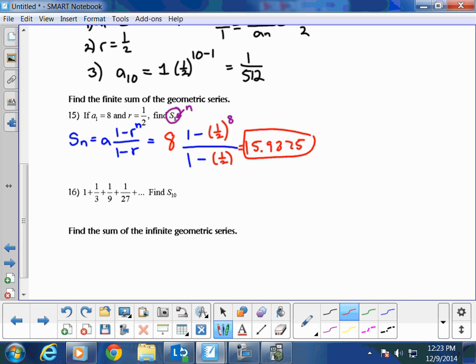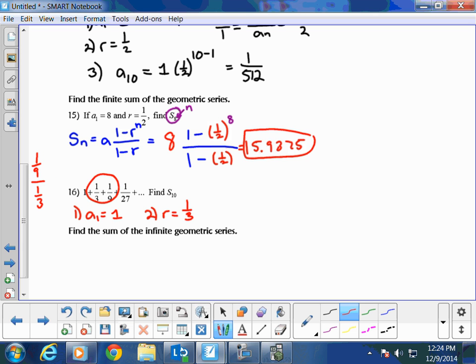Now for this one, to find the finite series, we still use the same equation, but we need to find, step 1, a sub 1 is equal to 1. Step 2, find r. R in this case is going to be 1/3. The reason I know is that I take any two terms, if I take 1 divided by 9 and 1 divided by 3, I just take these two right here.